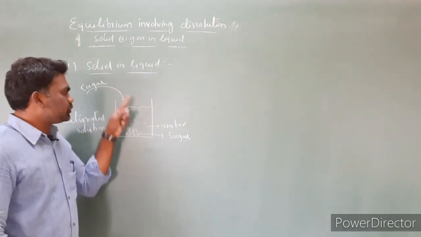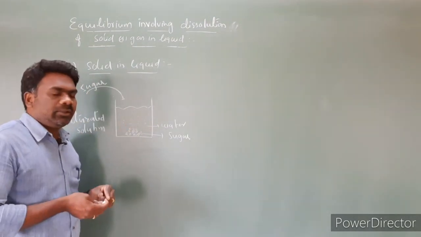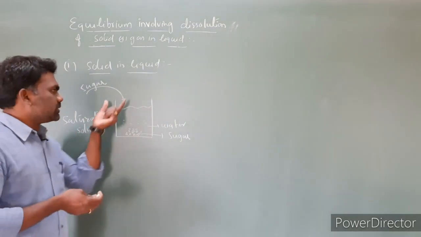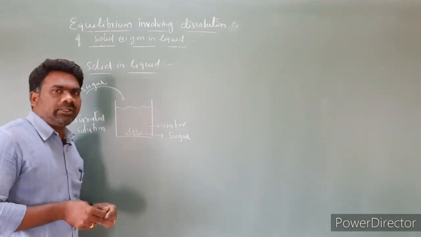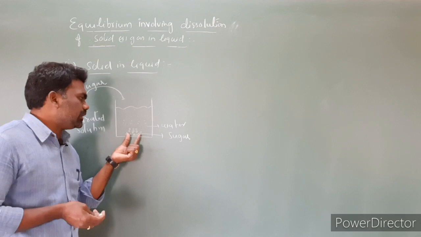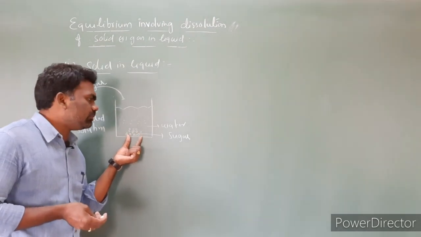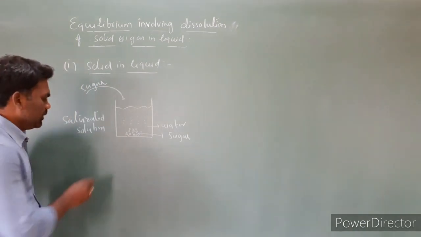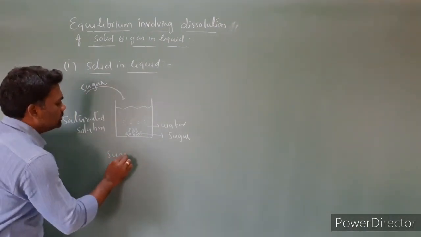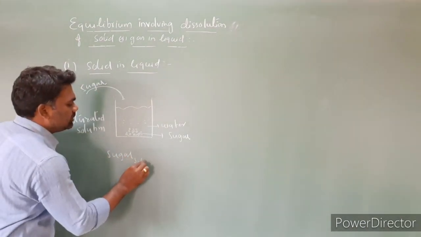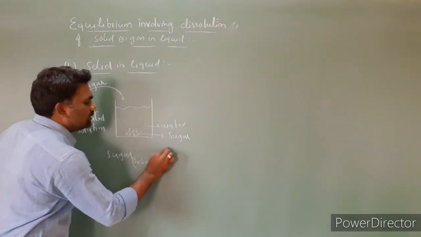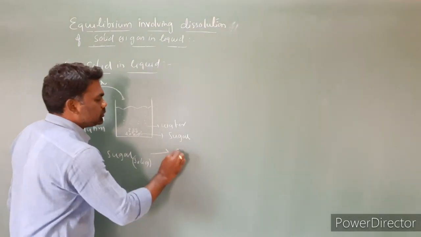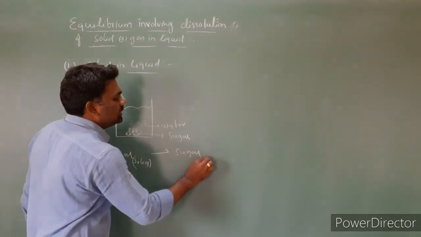Whenever excess sugar is added and we make a saturated solution, some sugar will be dissolved in the water. The excess that we added, which is not dissolved, will settle at the bottom of the container. This is undissolved sugar. So the sugar in solid state, the undissolved solid, exists in equilibrium with sugar in solution.